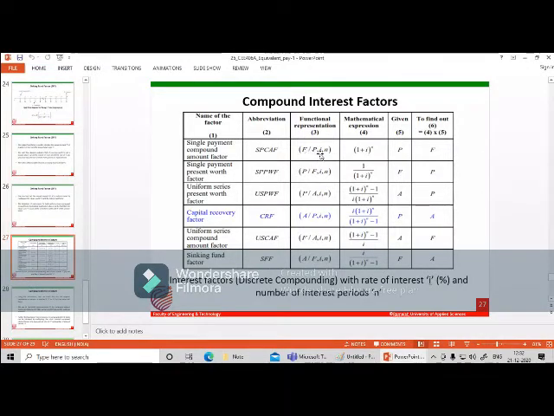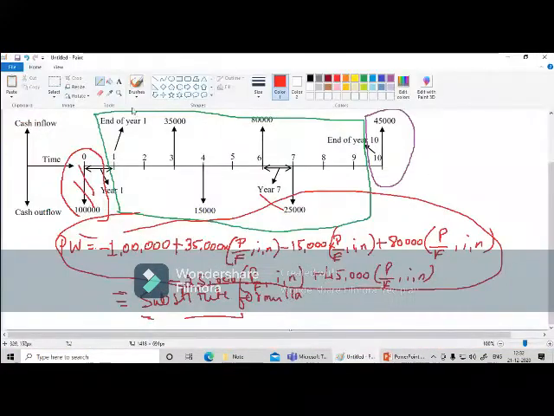What do you mean by F by P, i comma n? F by P means you are going to convert the value which is in present state to the future.